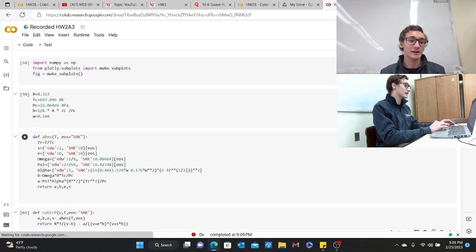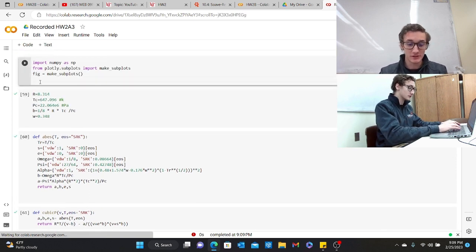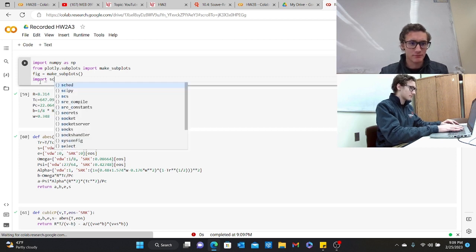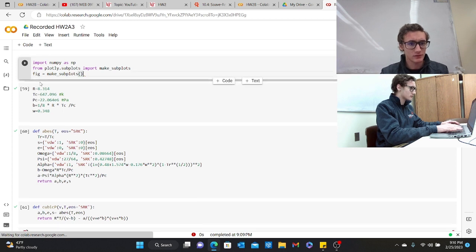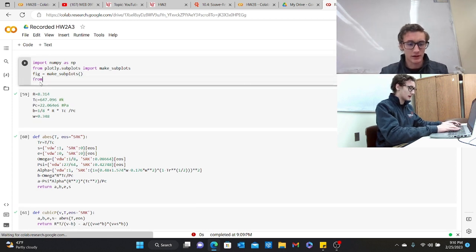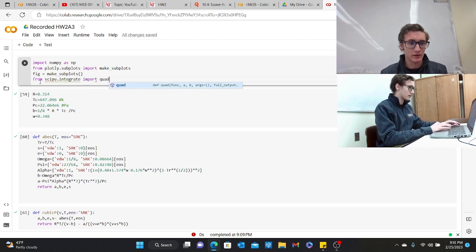But if we want to integrate, we're going to have to import something to help us. So we're going to have to import, I think, yeah, from scipy.integrate. We're going to import quad.